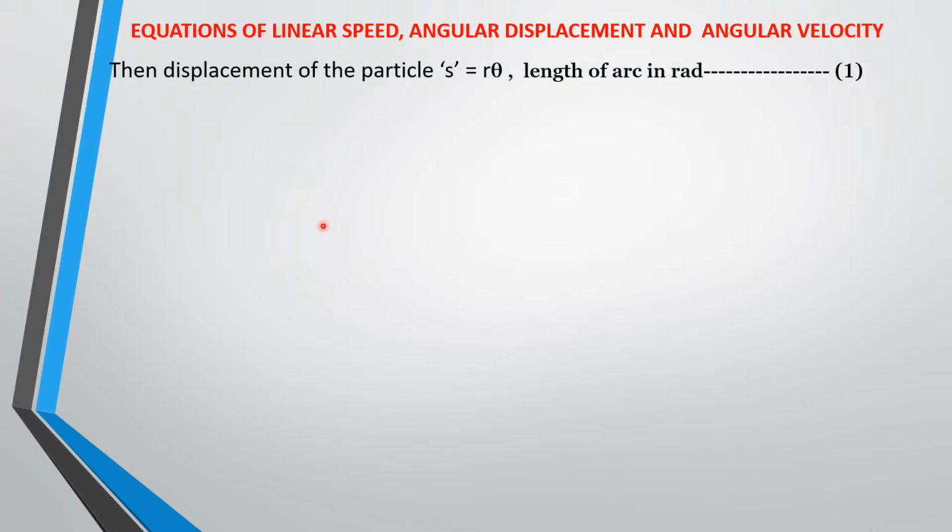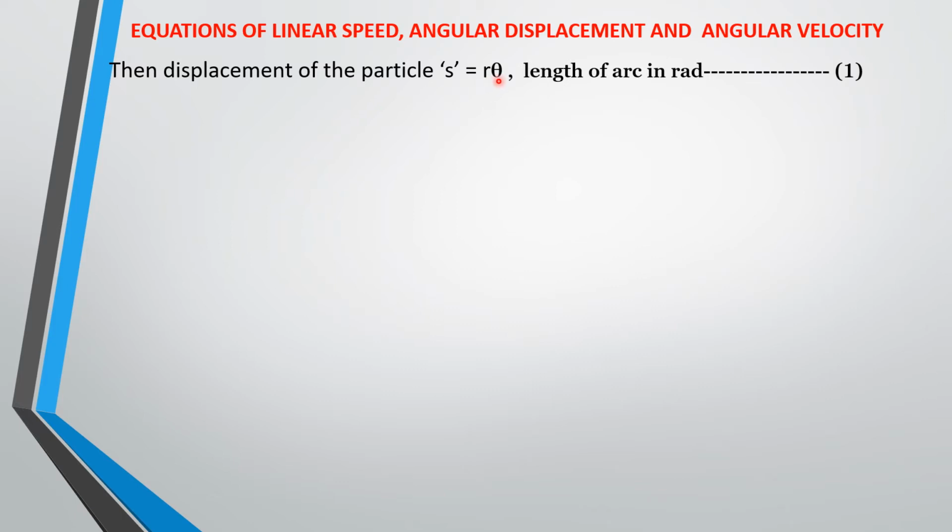So if you look at that circular path that we described just now, we saw the radius of the circle, the distance covered, which is s, and then the angular displacement, or the angle that is described. Now if you check your geometry, you know that the length of arc in radians, which is the distance that the object covered, distance PQ, is given by radius times theta in radians.